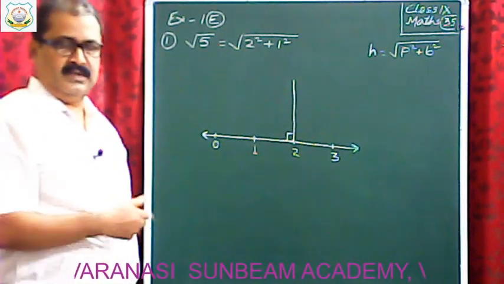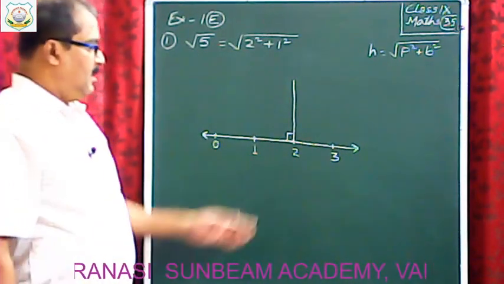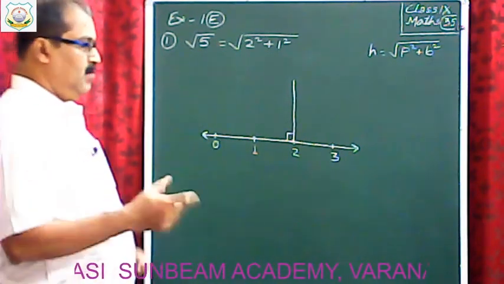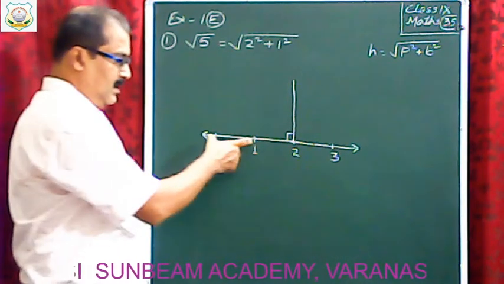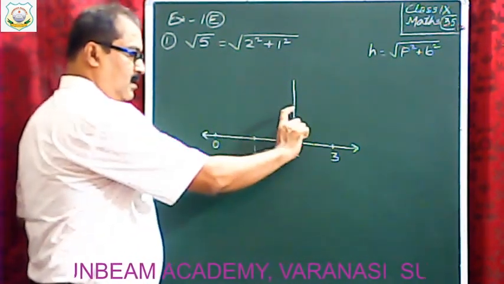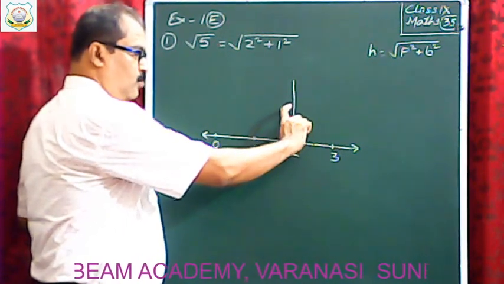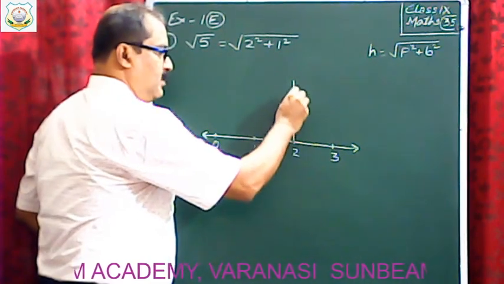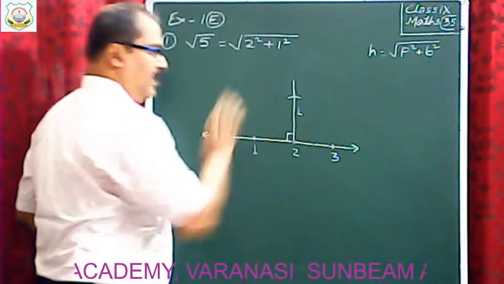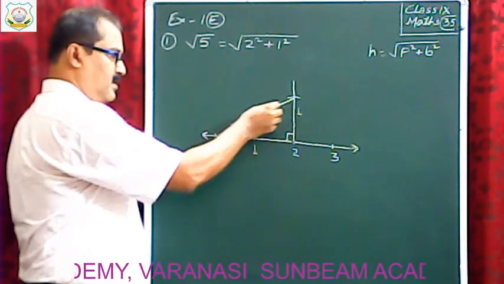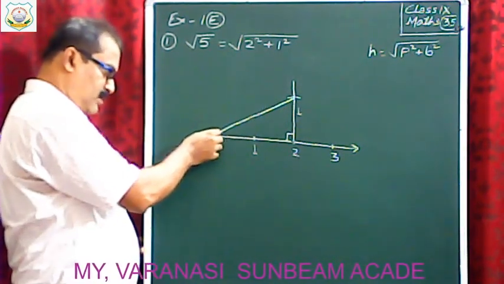Do this along with me, everybody. The length of the perpendicular is 1. So using compasses, measure the length of 1 unit, and from this point of 2, mark 1 unit on the perpendicular. Now join that point of intersection to the point 0.